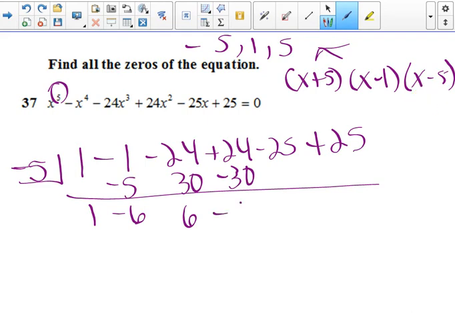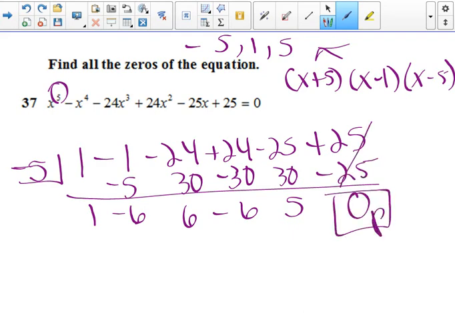And now we're going to get a -6. So again, 5 times, that's going to be a +30. Add them, and you get a +5. So -25. And the last term should be a 0. That's always going to be your remainder. Okay? And because it is a factor, there should be nothing left over. Okay? So now we've whittled away one of our zeros.